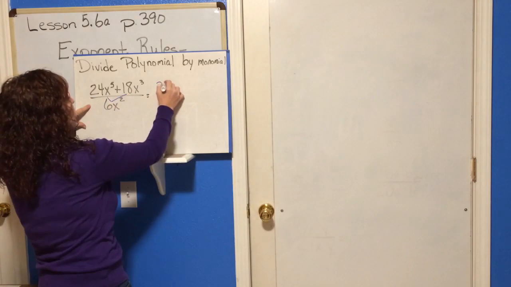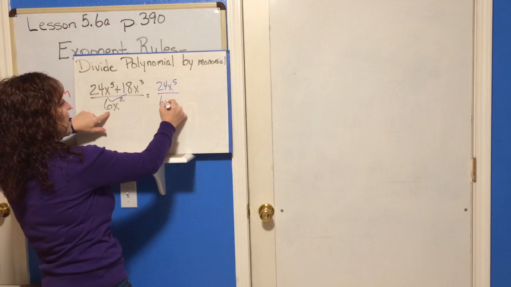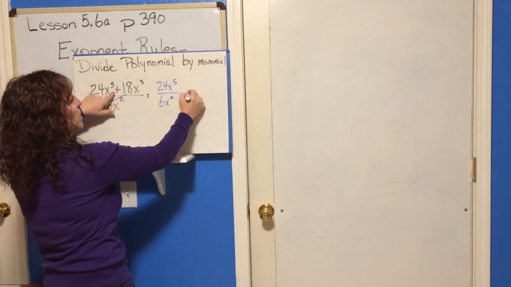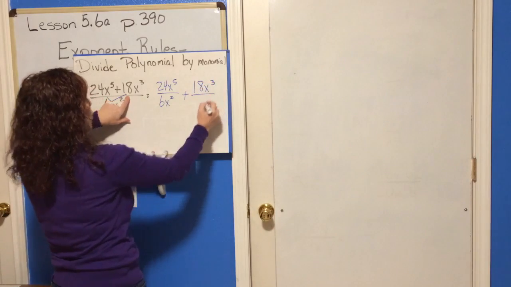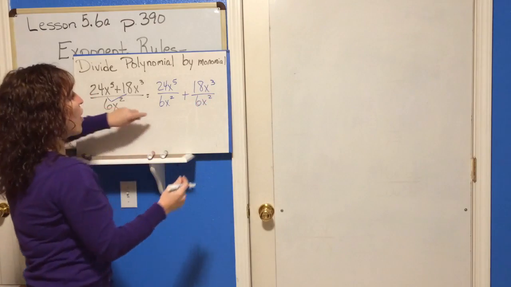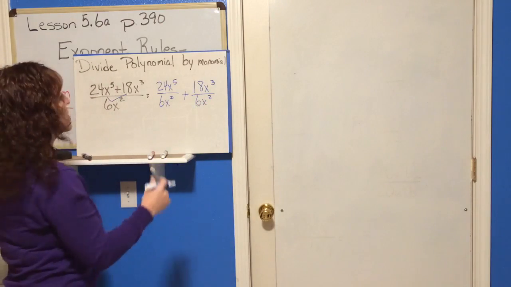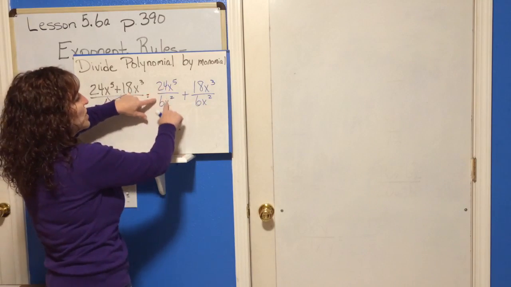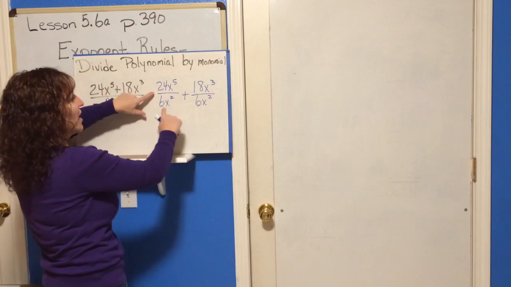So you've got 24x to the 5th over your denominator, 6x squared, plus 18x cubed over the same denominator, 6x squared. Now you've got two separate problems that look just like all the ones that I just erased.